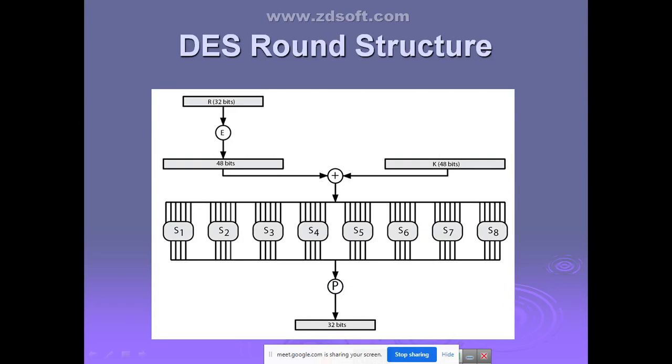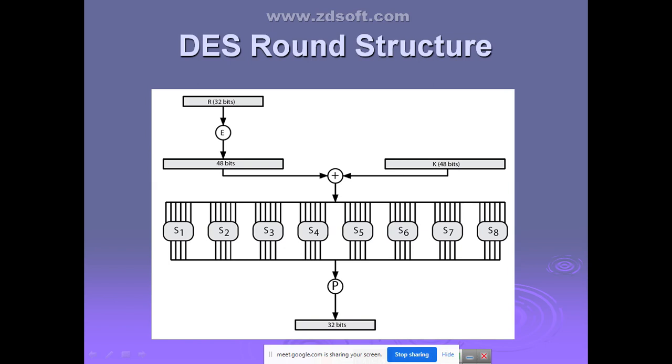S box structure. First, the right half, that is of 32 bits, some expansion is done. Yes or no? In the single round structure that I have shown, 32 bit data is converted into 48 bit data. That will be XORed with your key, which is 48 bit data. Then you pass it to the substitution box, that is the S box. That 48 bit data will be reduced to 32 bits. Yes or no?